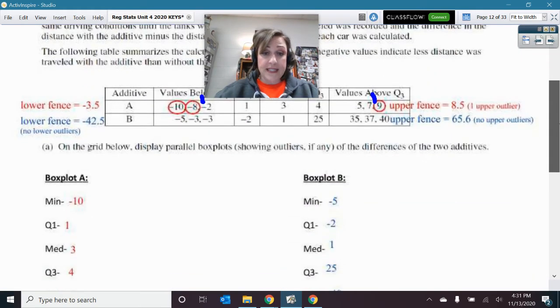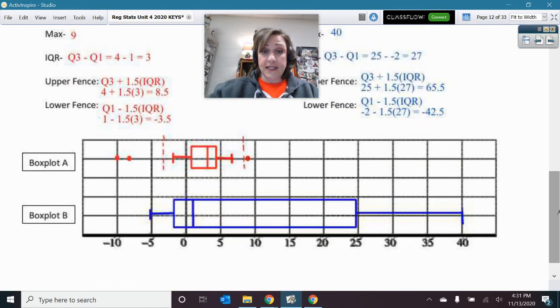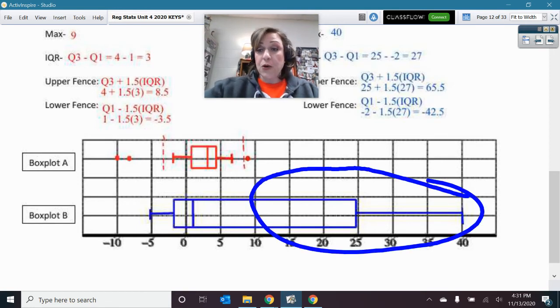Because as you can see, at least the top 25%, even more than this top 25% of Boxplot B, had better gas mileage than all of that Boxplot A.